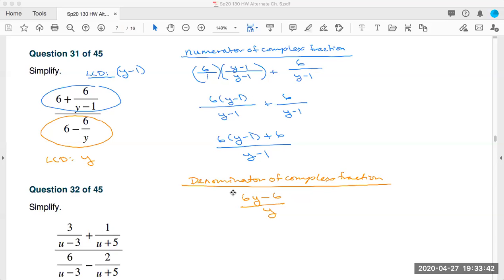Again, one more time, if you need to see those intermediate steps, we have 6 over 1 times y over y minus 6 over y. That gives you 6y over y minus 6 over y, which leads you here.